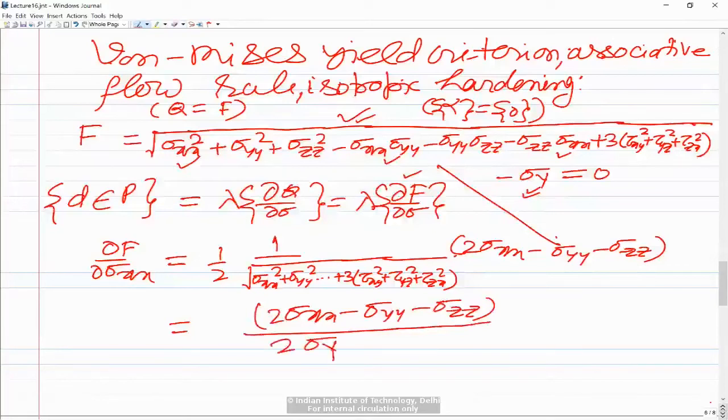Sigma y is the yield stress here. Keep in mind that this is the yield stress of the material, which is not constant, it changes with the plastic strain.